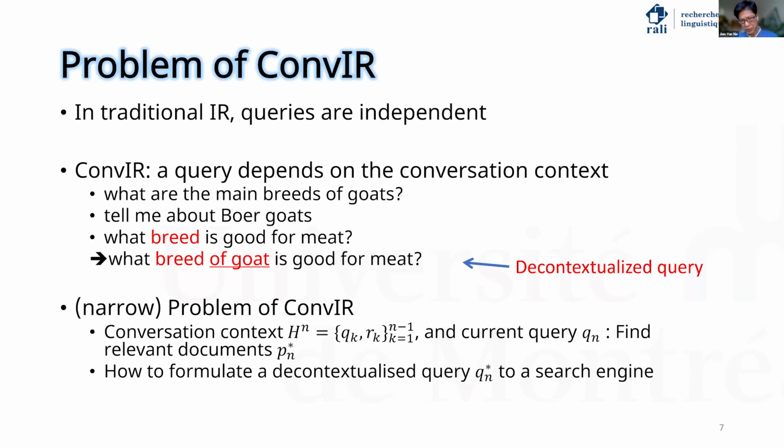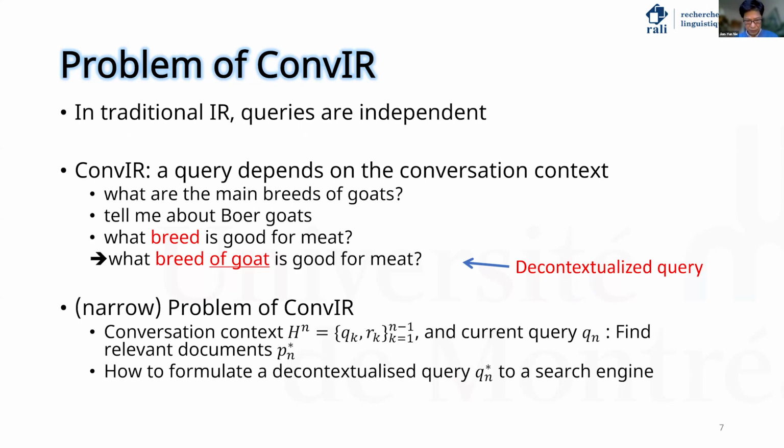And this is what we call the decontextualized query, which could be submitted to any search engine afterwards. So in a narrow way, the problem of conversational IR is that we have a series of conversation context, which could be a series of interactions between users and the system.